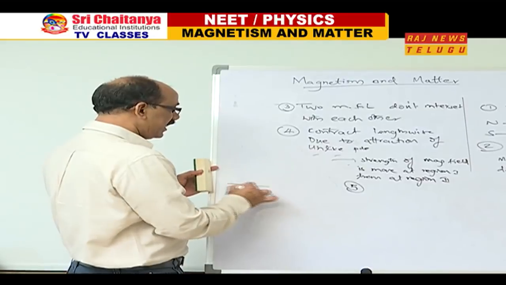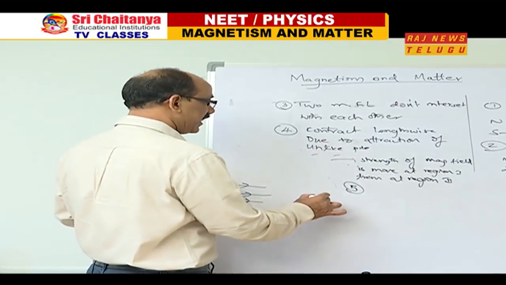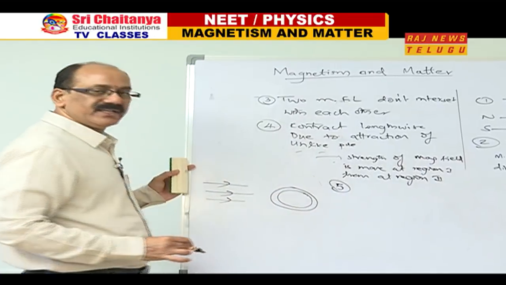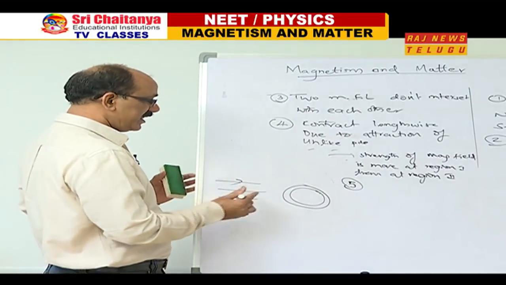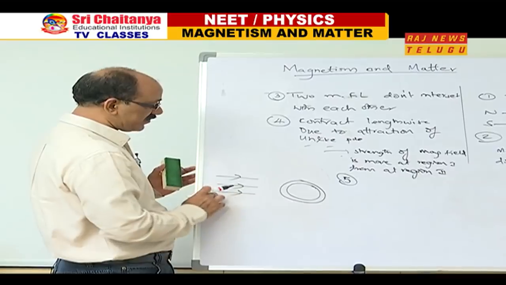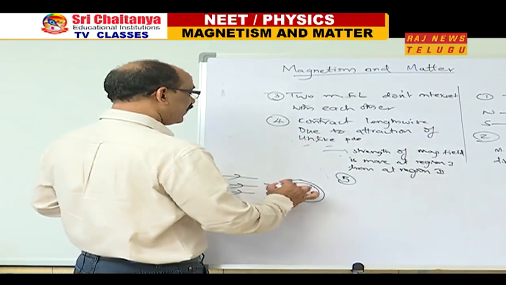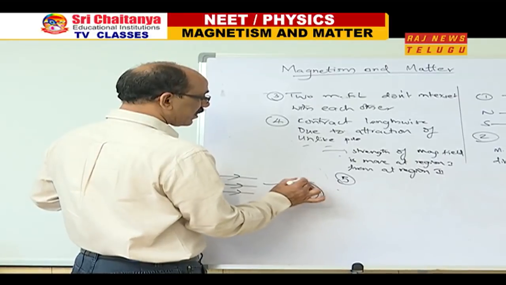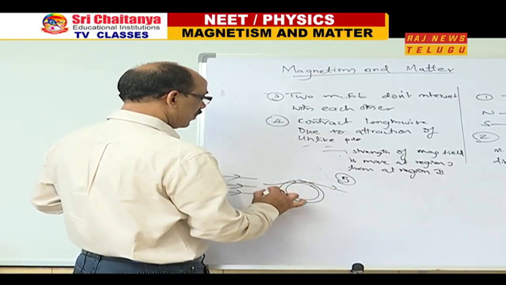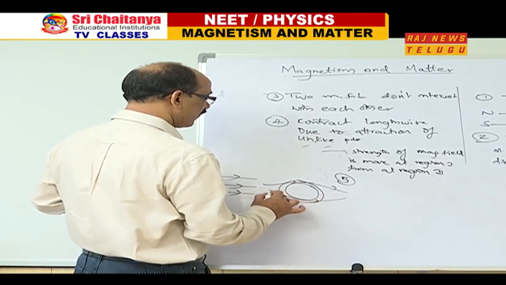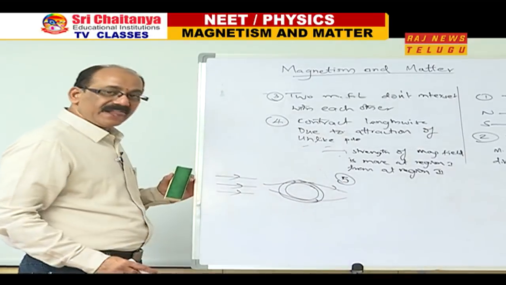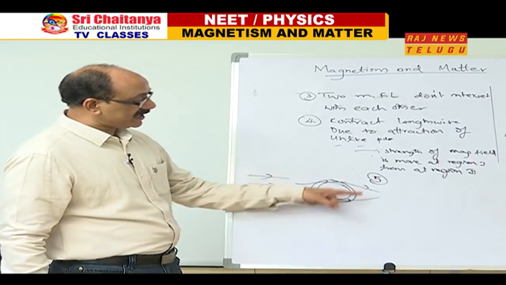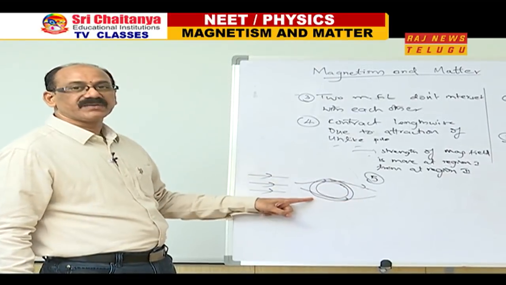In that region, if I place a ferromagnetic material, let us say a ring made of iron or cobalt, then earlier the magnetic field lines were like this, now they try to converge through this. All these magnetic field lines try to pass through this ferromagnetic material, they crowd through it.